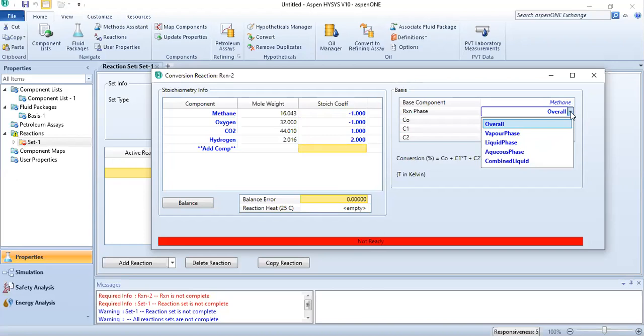We are not specific that my reaction will be only vapor phase, only liquid phase, or combined phase. We are considering only the overall reaction phase. And in this case, the value of this constant C0 is, I think, 60.